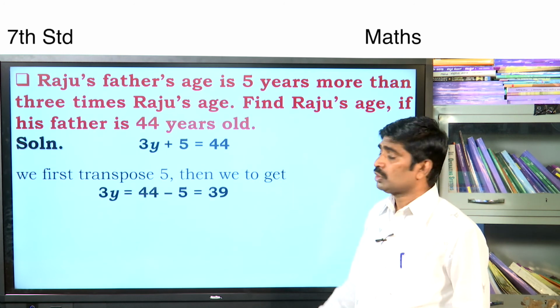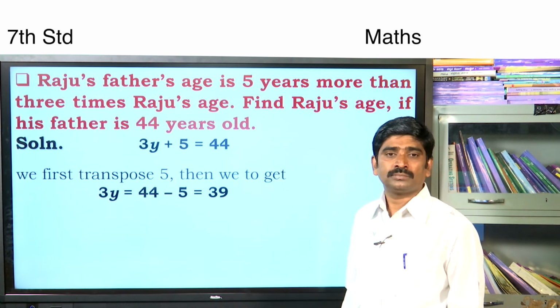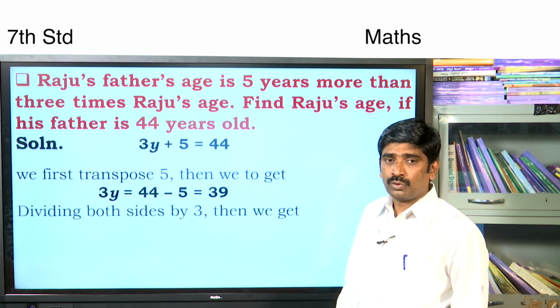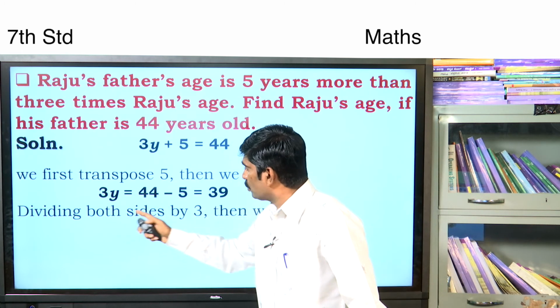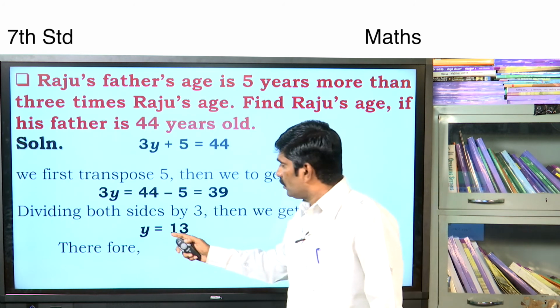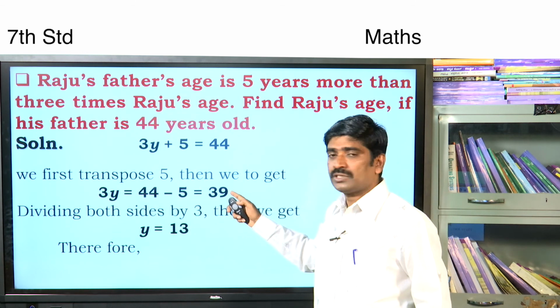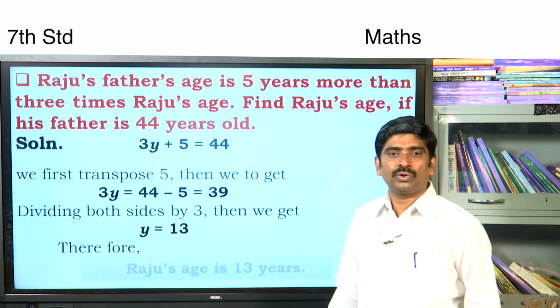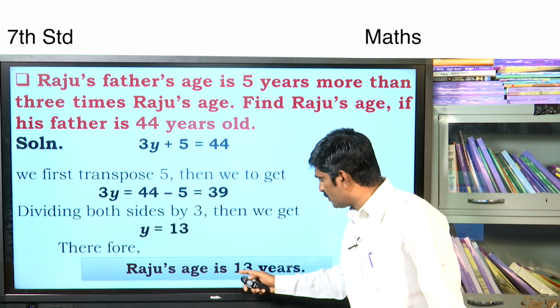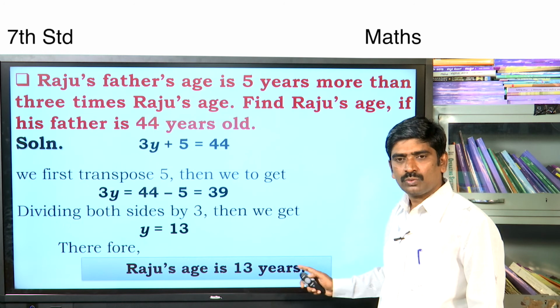Then we get 3y is equal to 44 minus 5, that is 39. Dividing both sides by 3, we get y is equal to 13. Therefore, Raju's age is 13 years.